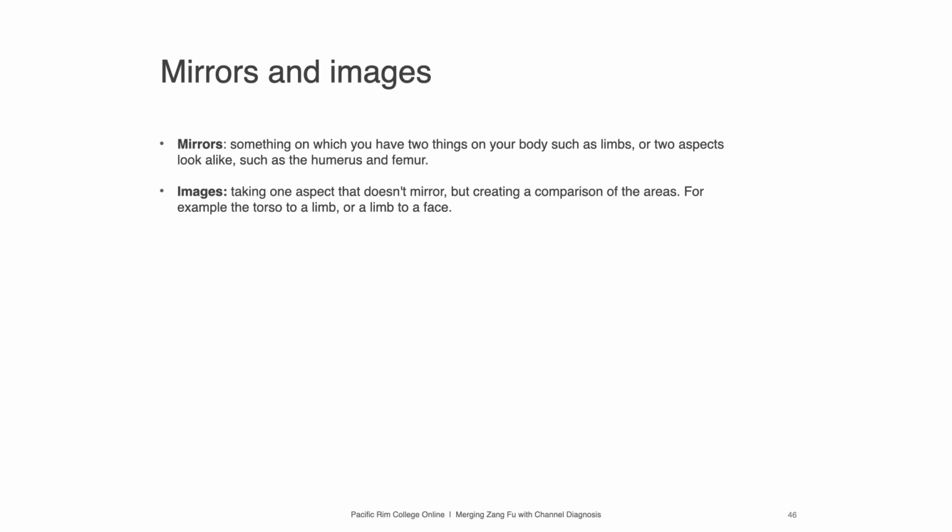Another thing that we talk about is images. So an image is something that's not a mirror, but it's a comparison of areas. So for example, you could say that a limb images the torso. So you could say, I'm going to use the limb, the arm, as an image for the whole torso.